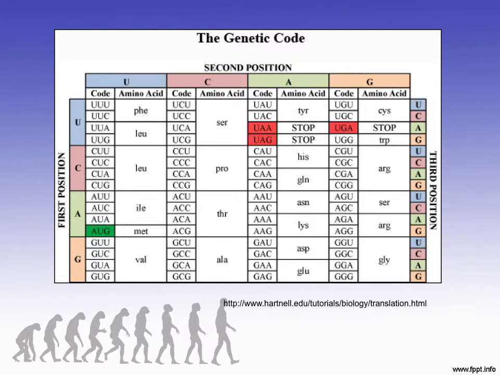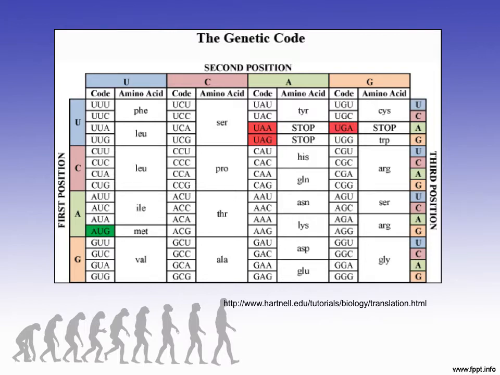What you'll notice in this slide is that the genetic code is redundant. What this means is that there are 20 amino acids, but there are 4 bases. And each codon is comprised of 3 bases. So there are multiple combinations that code for an amino acid.